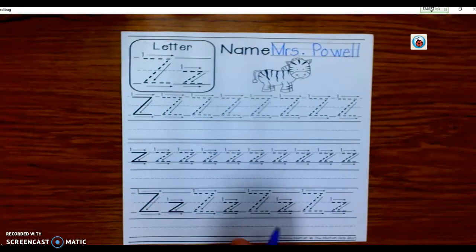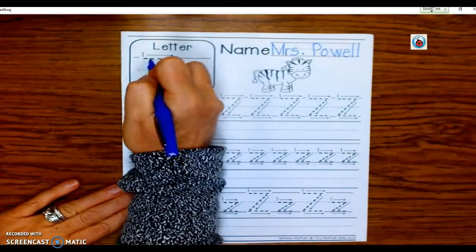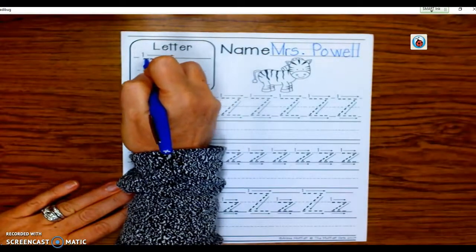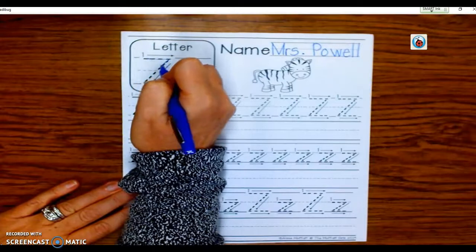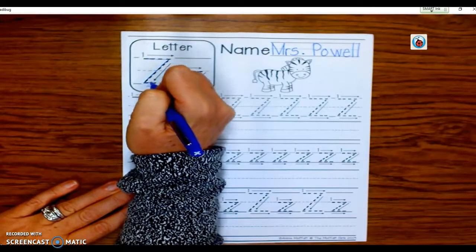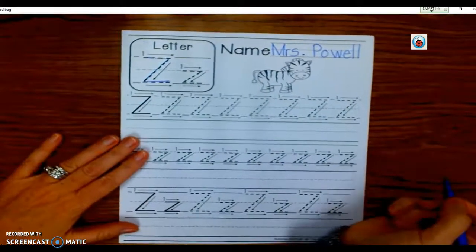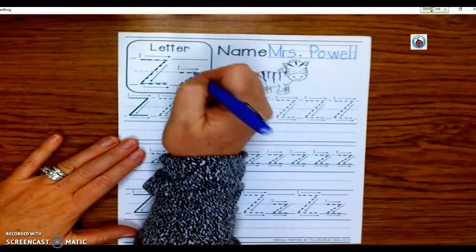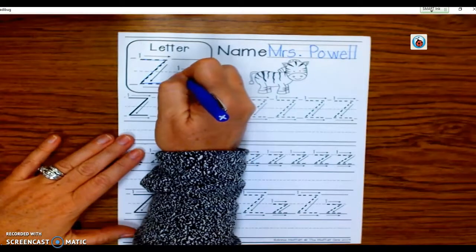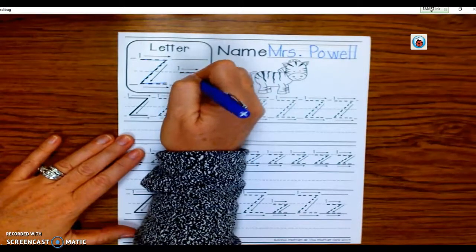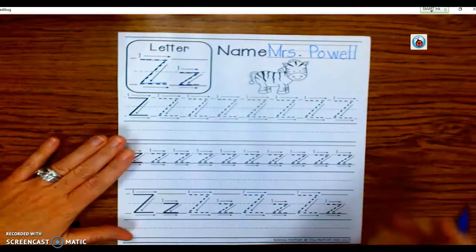For an uppercase Z, you're going to put your pencil on the top line. You're going to go straight over, slant down to the bottom line and push back. Lowercase z is exactly the same, it's just small. You put your pencil on the dotted line, you go back, slant down, push back.